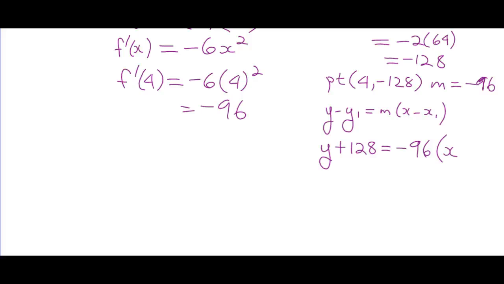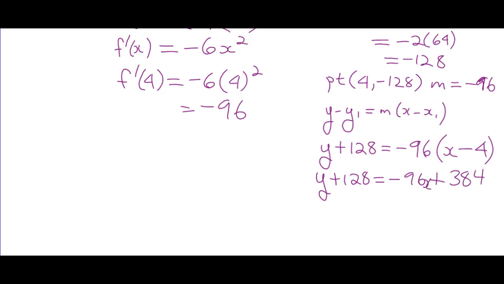It should be 4. Okay, so y plus 128 is negative 96 times x minus 4. Now, what's 4 times 96? 4 times 100 is 400, but we're 4 shy, and 4 fours is 16, so 384 sounds good to me.